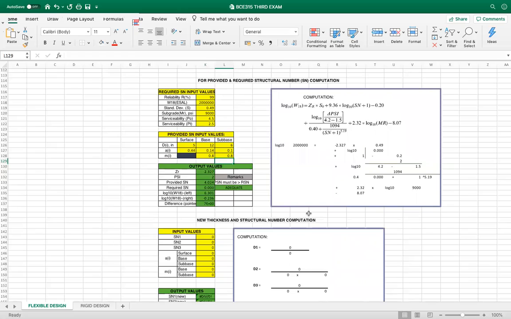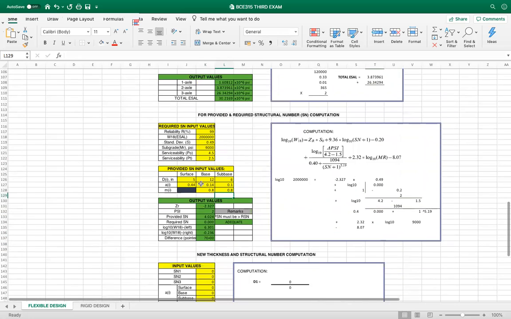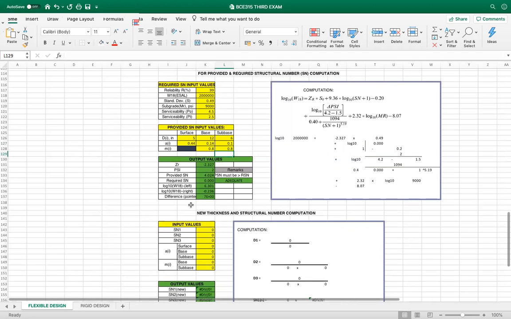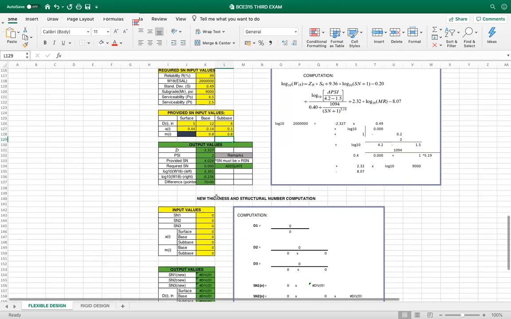And there you go. So we compute the ZR here, the output values. We compute the provided structural number, and the required log10 of W18 on the left and on the right, and the difference.